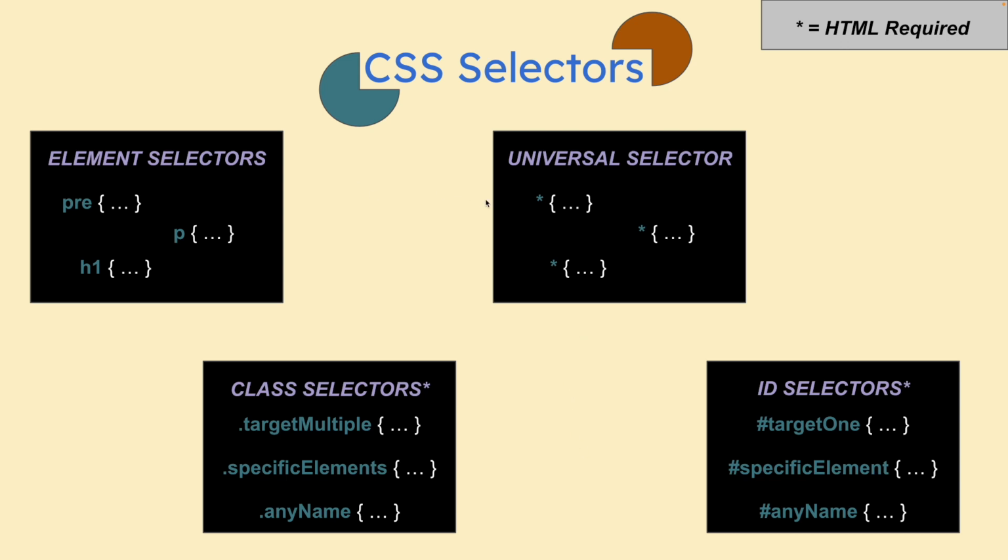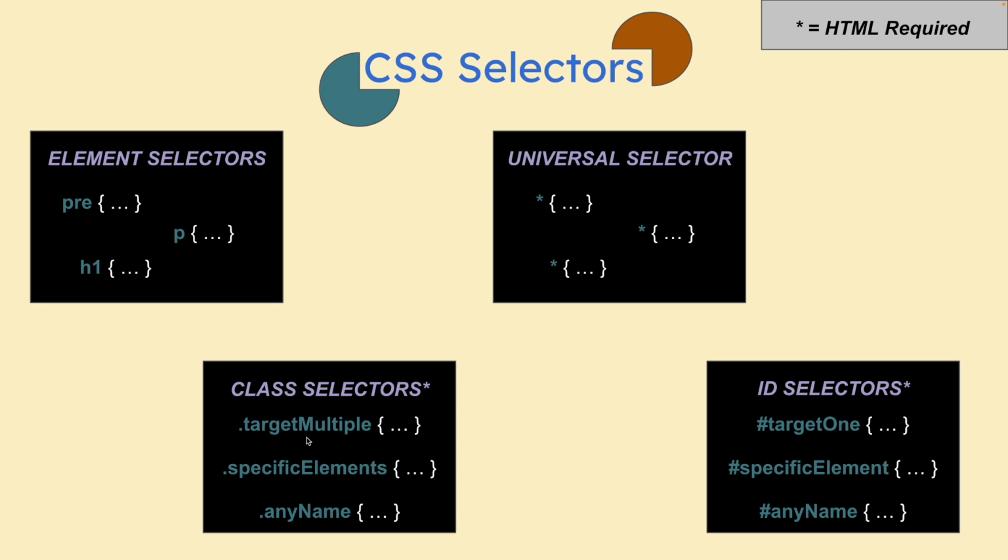If I use this, it's targeting that P and that H1 all at the same time, like a catch-all. So, no font on my page should be under 20 pixels, and you do that first, all the way up at the top of the CSS document, and then you build over that with some of these other selectors and stylings. We'll talk about how that works here in the near future.